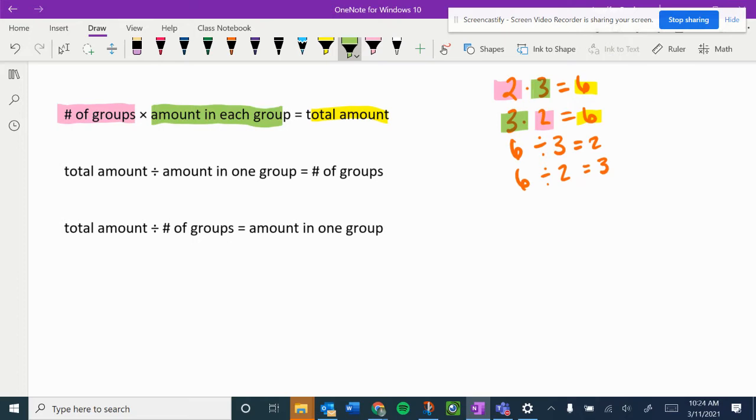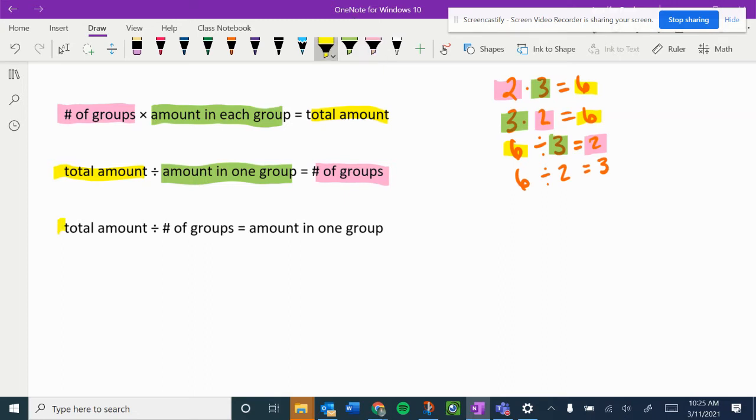When we flip it to division, the total amount divided by the amount in one group gives me the number of groups.